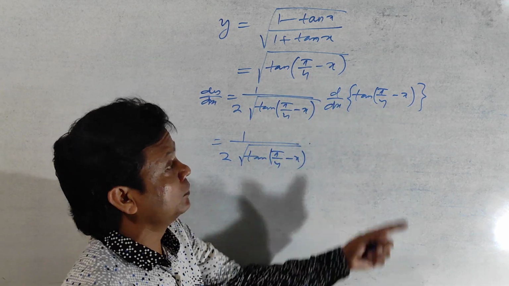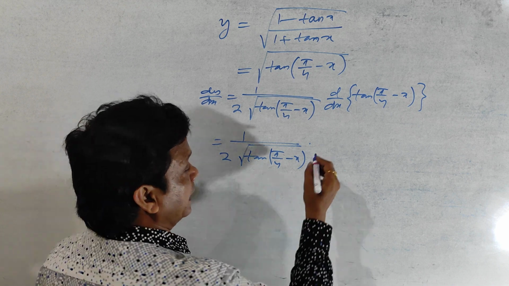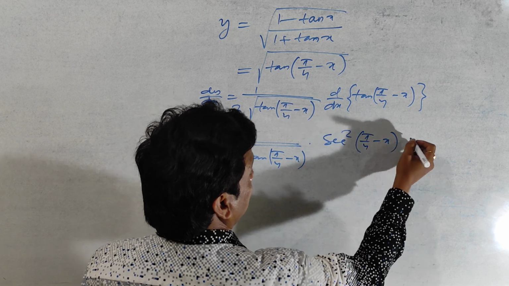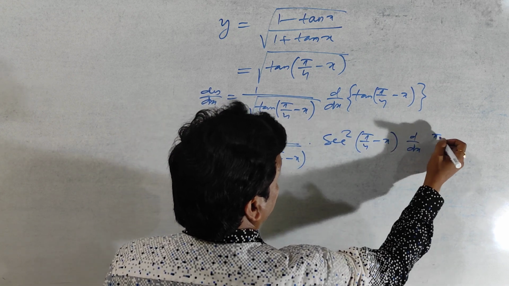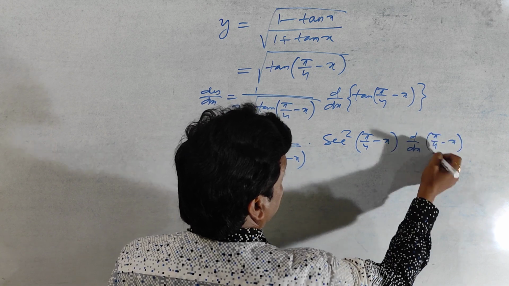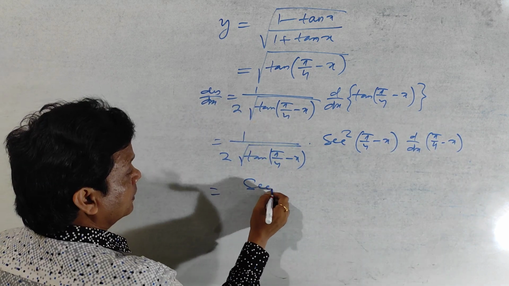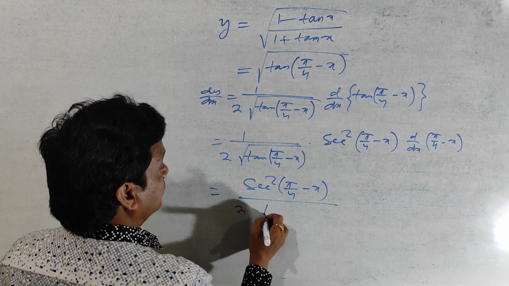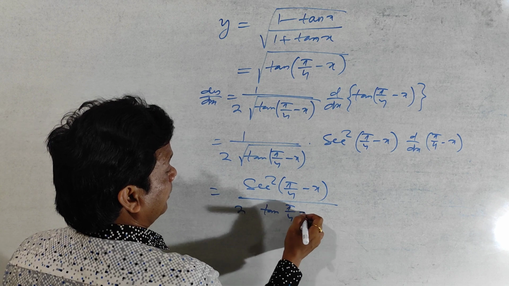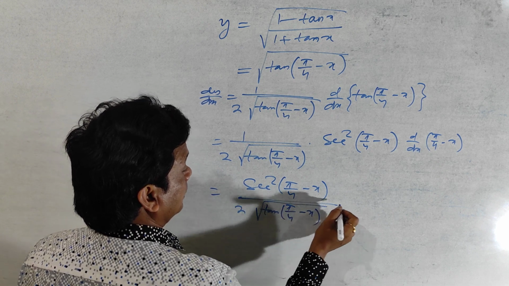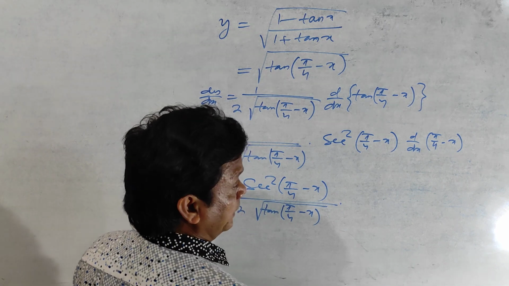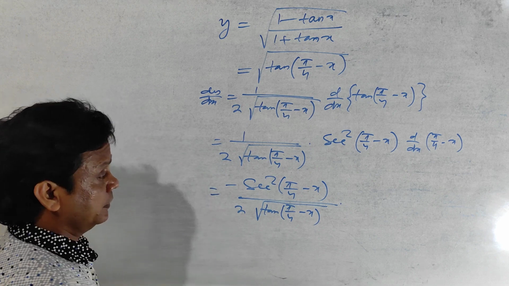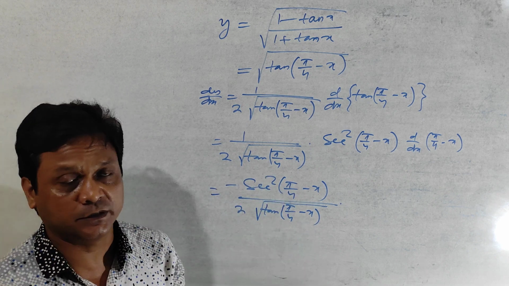It is in the form of tan u, so its derivative is sec square u into derivative of u, pi by 4 minus x. So it is sec square pi by 4 minus x divided by twice of root over of tan pi by 4 minus x, into derivative of pi by 4 minus x. Pi by 4 is a constant, so 0, and derivative of minus x is minus 1. So put a minus here. Then split in terms of sin and cos, you will get the answer.